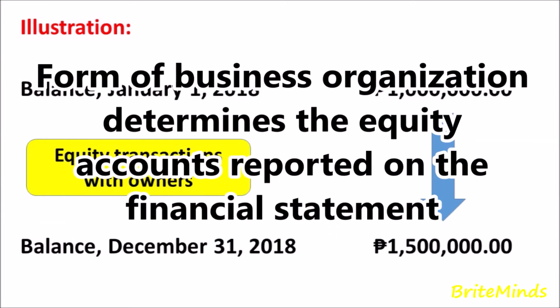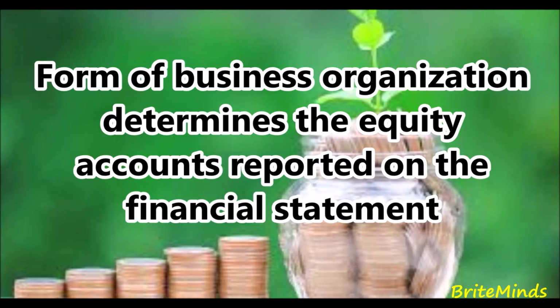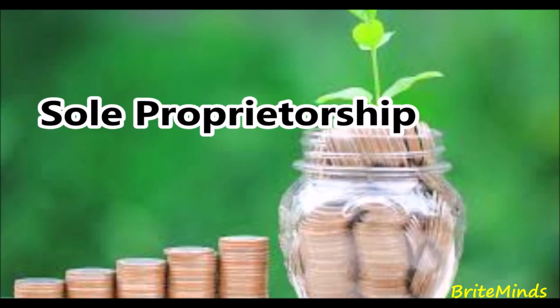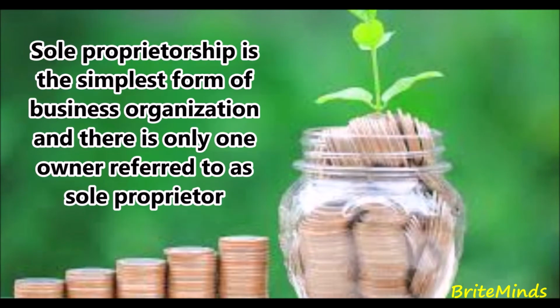The form of business organization determines the equity accounts reported on the financial statements, and there are three basic forms of business organization. The first is the sole proprietorship. Sole proprietorship is the simplest form, and there is only one owner referred to as the sole proprietor.